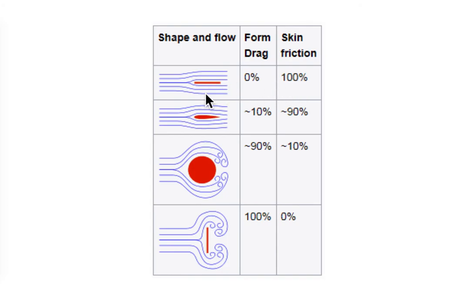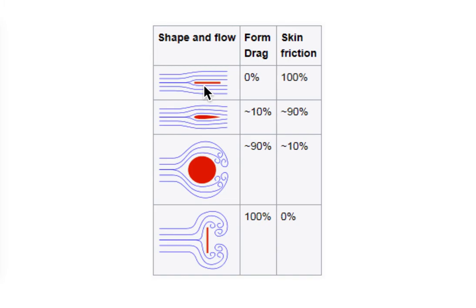It can be seen here that for a thin flat plate like this, because the thickness of this plate is very small and we could neglect it, we could say that the form drag is 0%, while the skin friction or resistance that occurs on its surface is 100%.